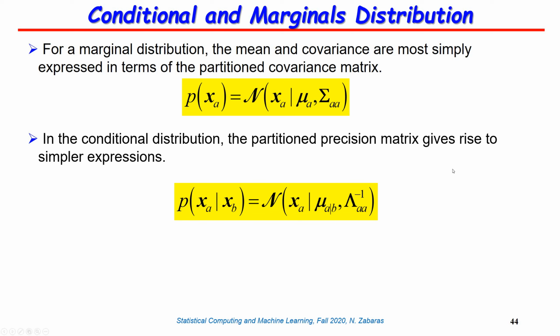So these are the two fundamental final results that I want you to remember, so you may want to have them ready to go. The formulas on the bottom give you the Gaussian that is the conditional of XA given XB, and the formulas on the top give you the marginal of XA.